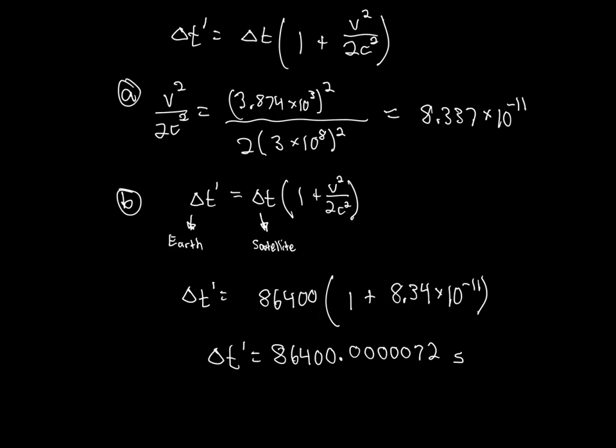Type it into Google, do you get 86,400.000000072? Yeah. Okay, so Google carries out the right number of digits. Your calculators seem to not. Your calculators seem to round.